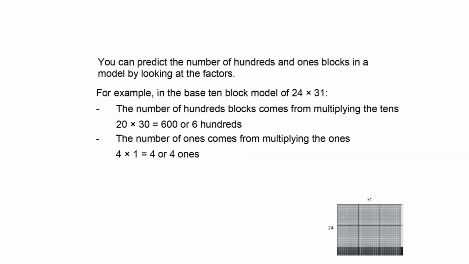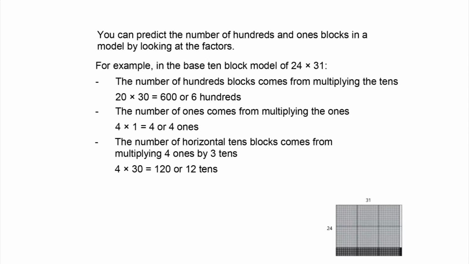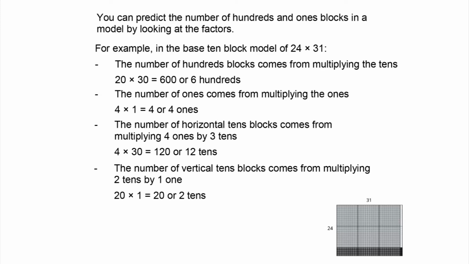The number of ones comes from multiplying the ones. Here we've got 4 times 1, which is 4, or 4 ones. The number of horizontal tens blocks comes from multiplying 4 times 3. The number of vertical tens blocks comes from multiplying the 2 times the 1.